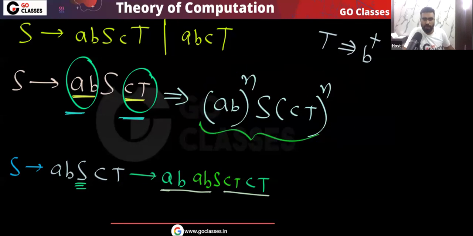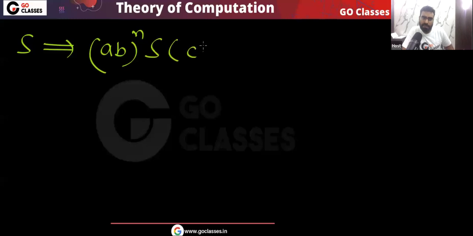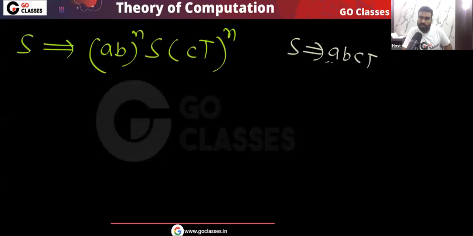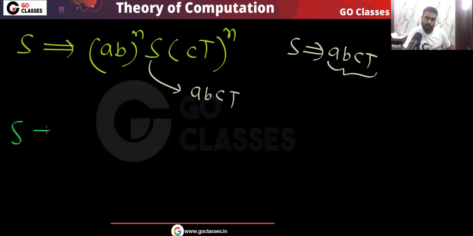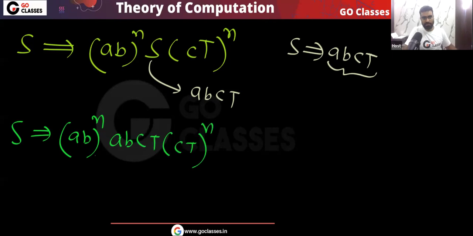Tell me what I can generate from S. From S I can generate AB power n S CT power n, and this S can go to ABCT. So now this S I can replace with ABCT. If you replace this S with ABCT, then what will S give you? S will give you AB power n, then ABCT, and then CT power n.